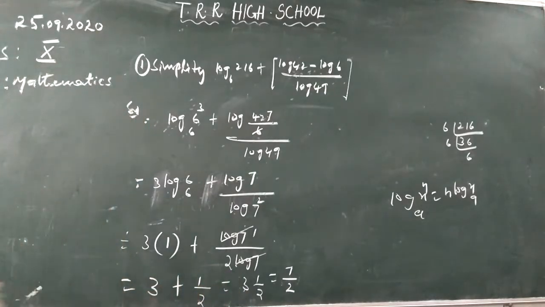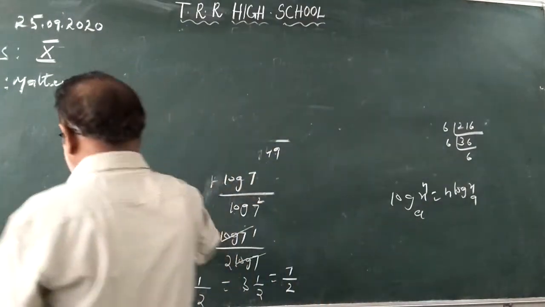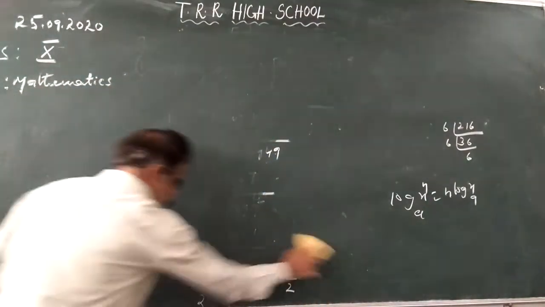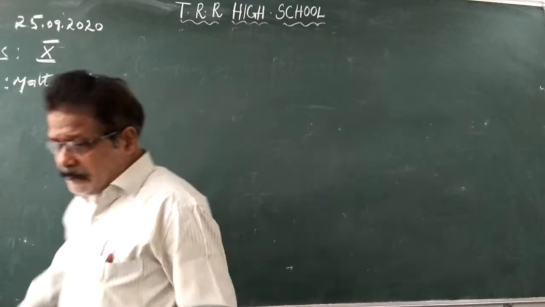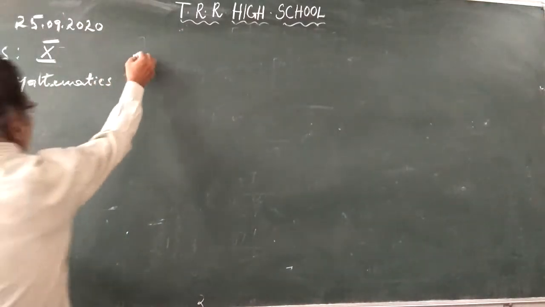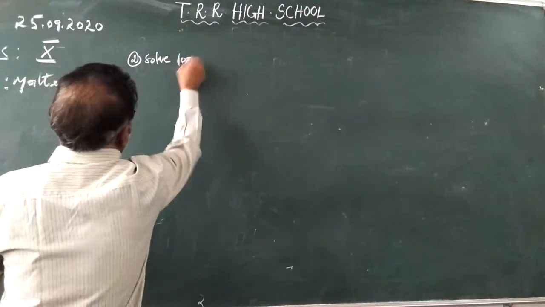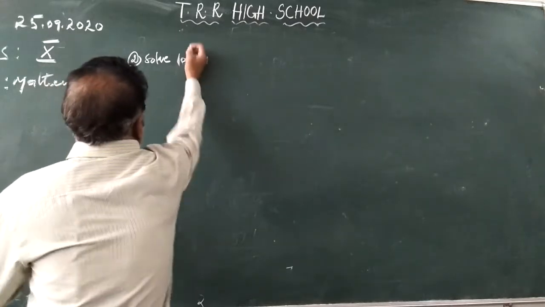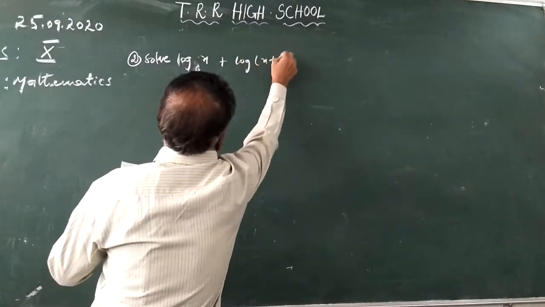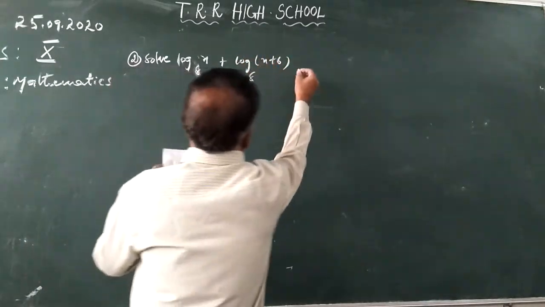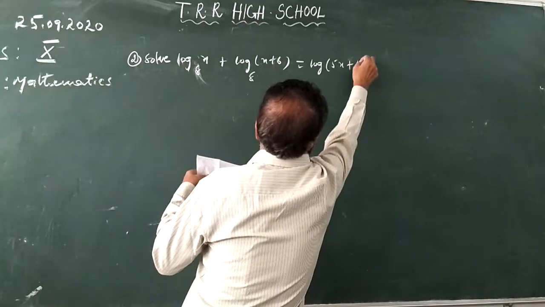Now one more problem I will explain. Solve log x base 8 plus log x plus 6 base 8 is equal to log 5x plus 12.